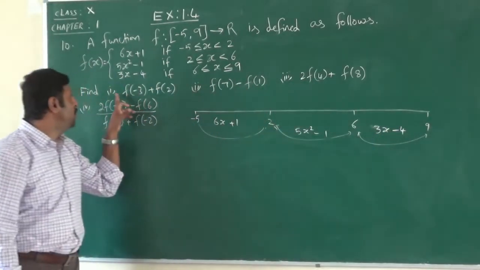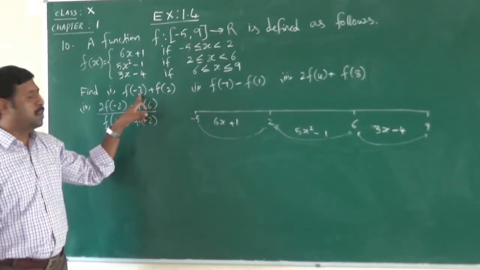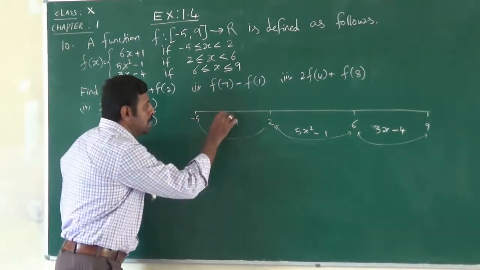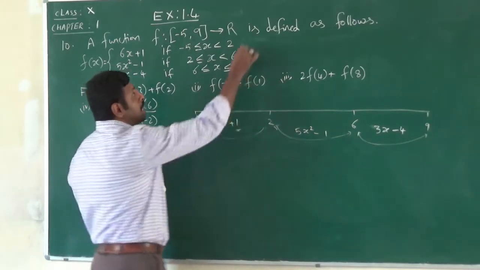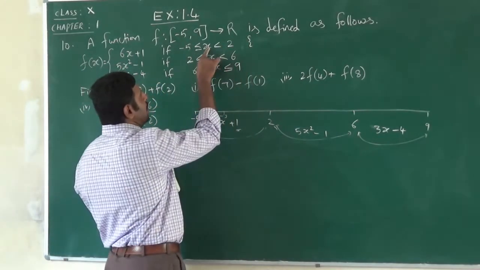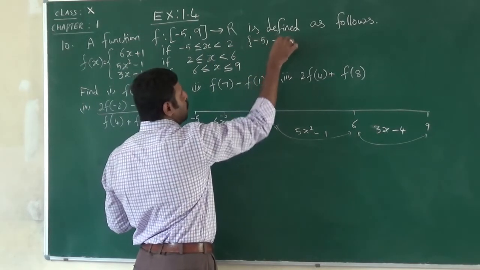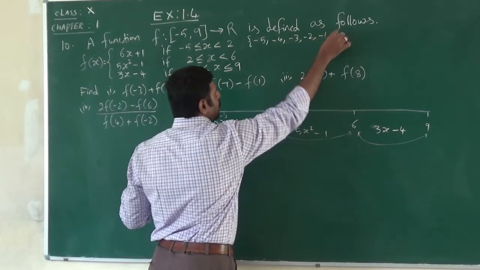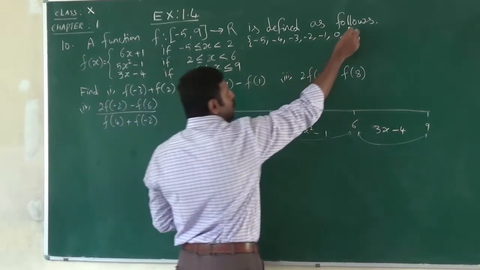So now see the first one, f of minus 3 plus f of 2. F of minus 3, where is it located? Minus 3 means here it is the place minus 3, right? So we want to use this function here. I write the elements: minus 5. X is greater than or equal to minus 5 means minus 5, minus 4, minus 3, minus 2, minus 1, 0, 1, because less than 2 only.